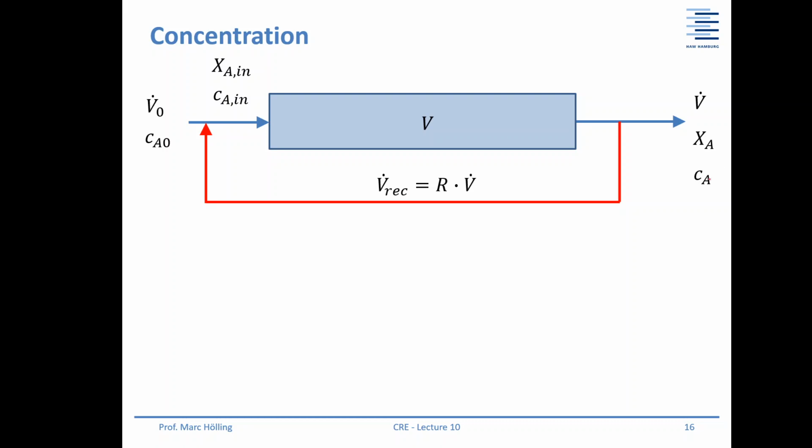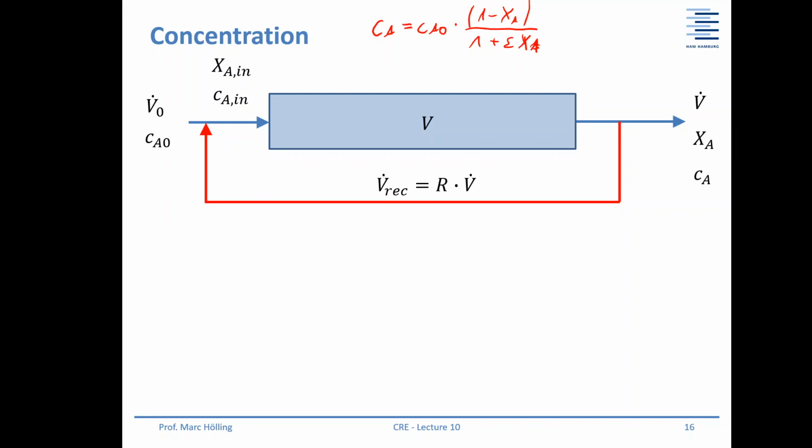So for example, this outlet concentration, if you want to express it in terms of your conversion, you can just rewrite it: Ca is the inlet concentration Ca0 times 1 minus Xa, over 1 plus epsilon Xa. So this we already had in the last lectures.